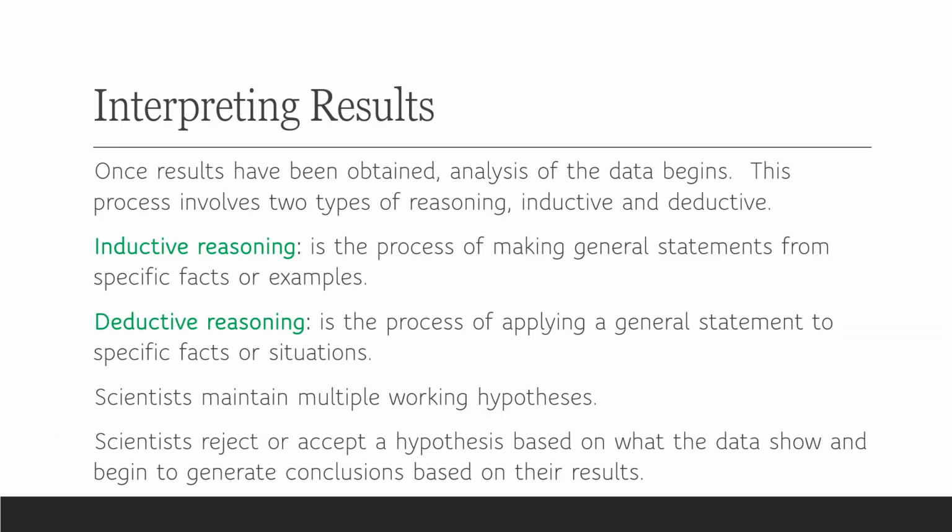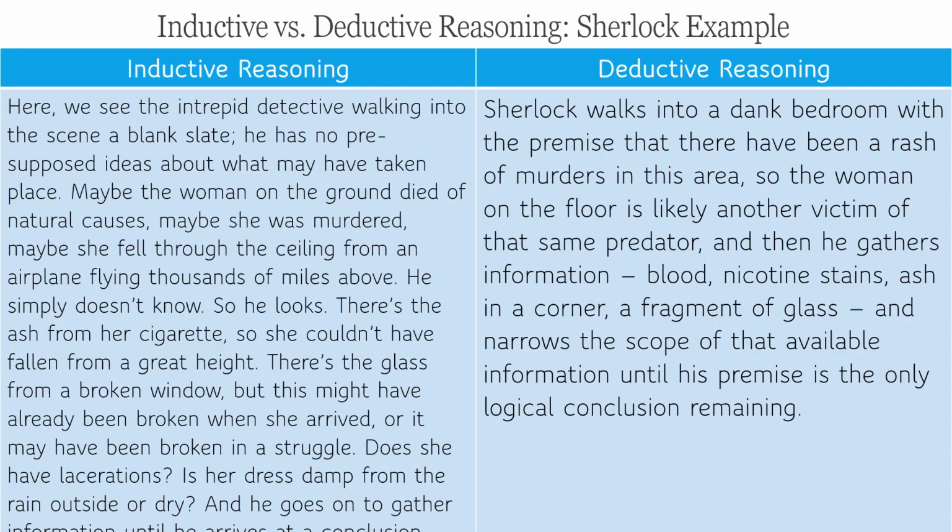When interpreting results, a hypothesis is either accepted or rejected using two types of reasoning, inductive versus deductive. Let's use the example on the next slide to help us with the definition. Inductive reasoning. Here we see the intrepid detective walking into the scene with a blank slate. He has no presupposed ideas about what might have taken place.